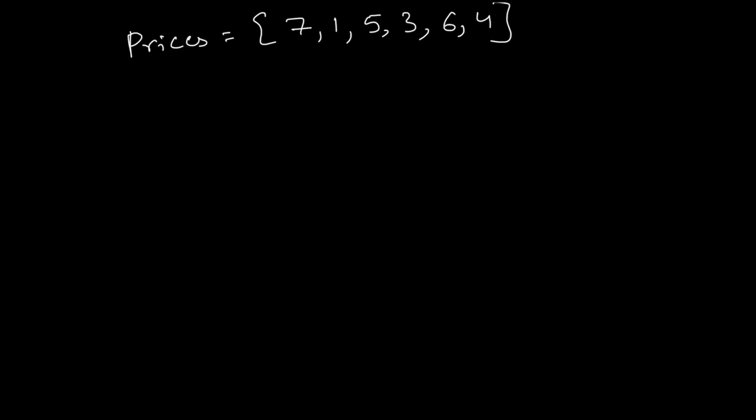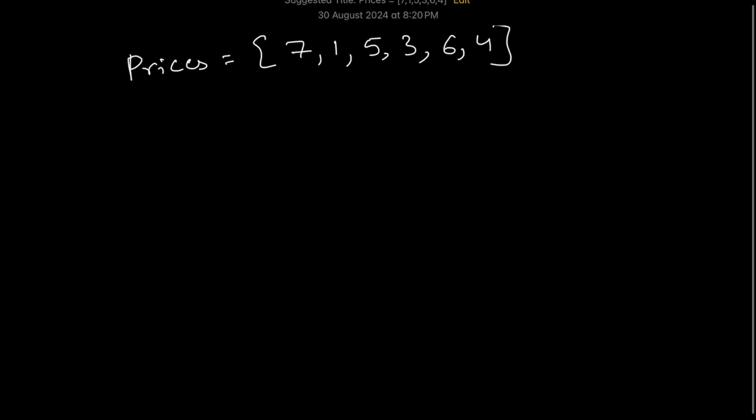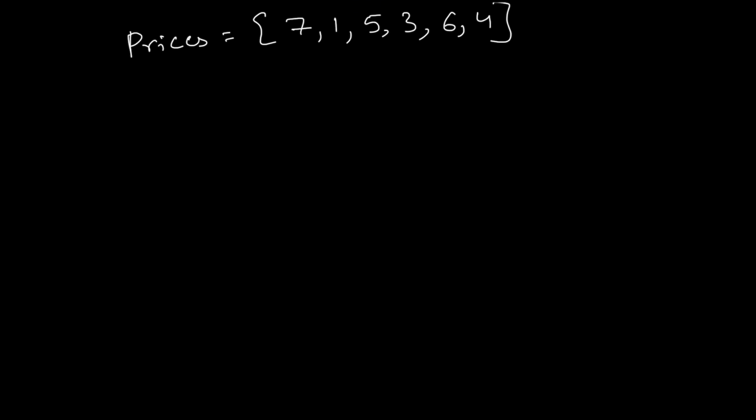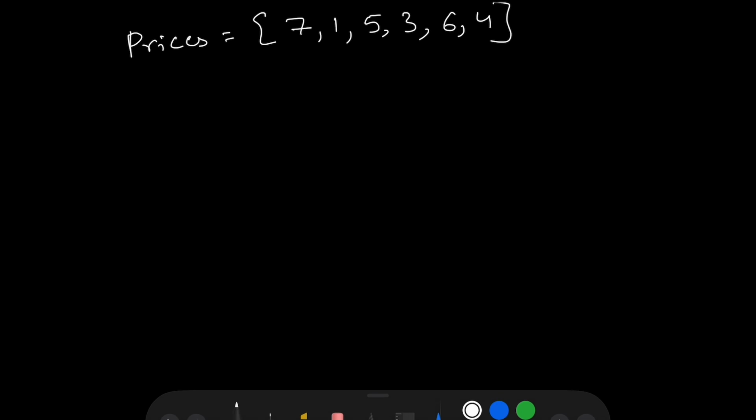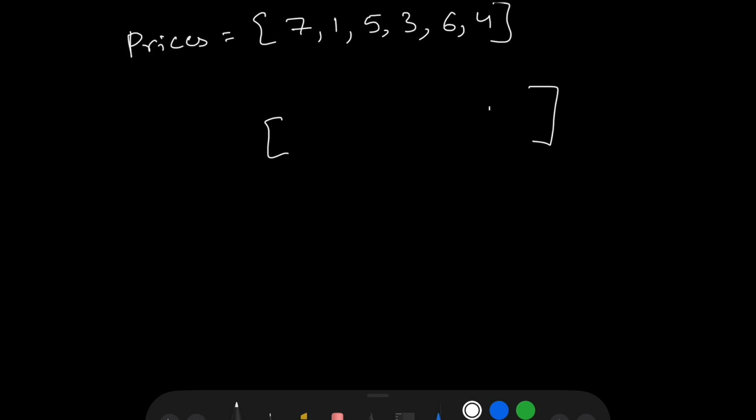Let's start. There is one strategy to remove the inner loop. In the inner loop, we are trying to find out the maximum sell price. So we will create a new array which will have the maximum element at a particular point.